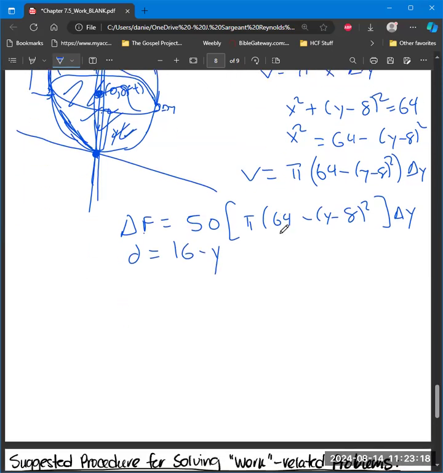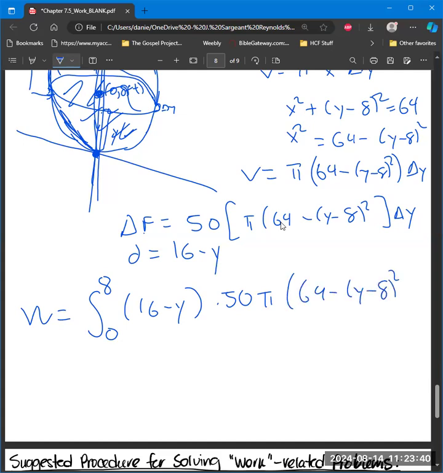That gives us everything we need to set up our integral. W equals the integral from 0 to 8 of (16 minus y) times 50 times pi times (64 minus (y minus 8) squared) dy. I'm not going to solve that just yet.